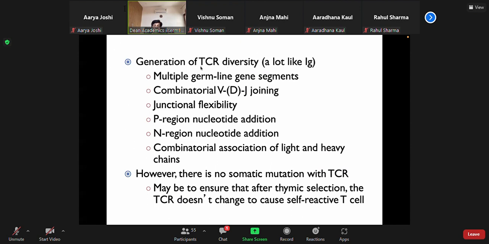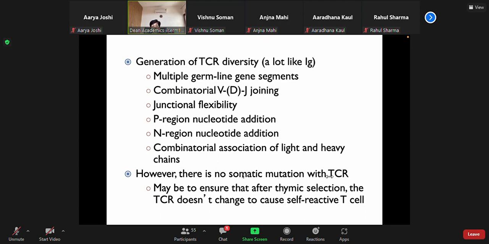All these things are also true for your TCR, where you have two chains providing the specificity of the TCR. You have P nucleotide addition, N nucleotide addition, junction flexibility, VDJ recombination, multiple gene segments. But one process that you do not have in TCR is somatic mutation, somatic hypermutation.